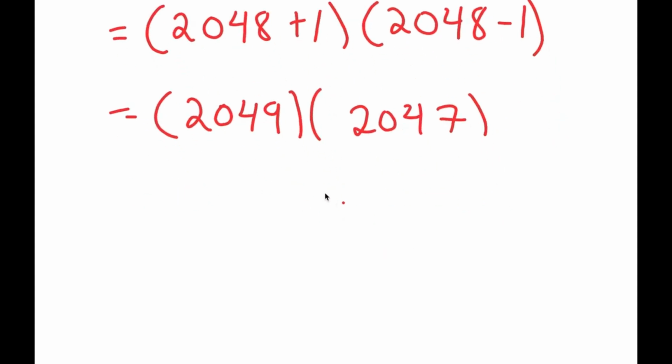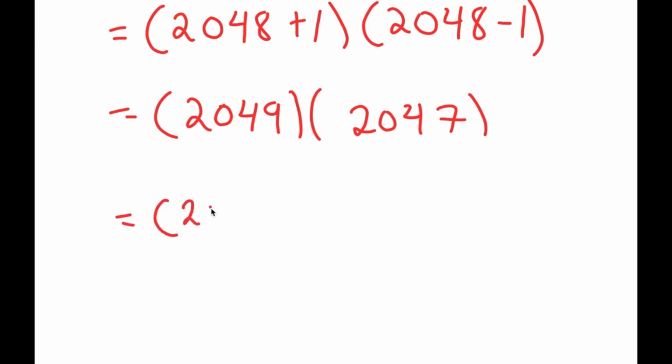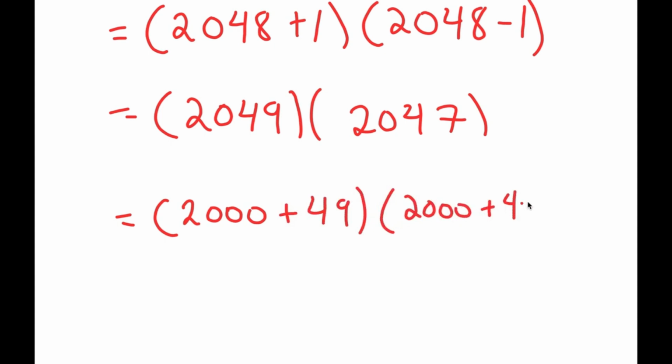And now, a simpler way of multiplying this, rather than the usual method of multiplying this way, which takes way too long. So a much easier route is to rewrite this as 2000 plus 49 times 2000 plus 47.